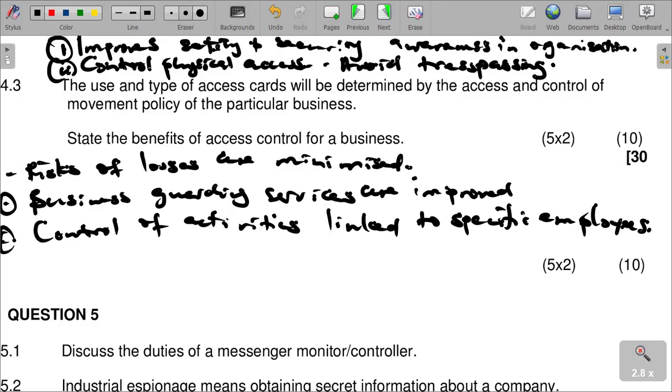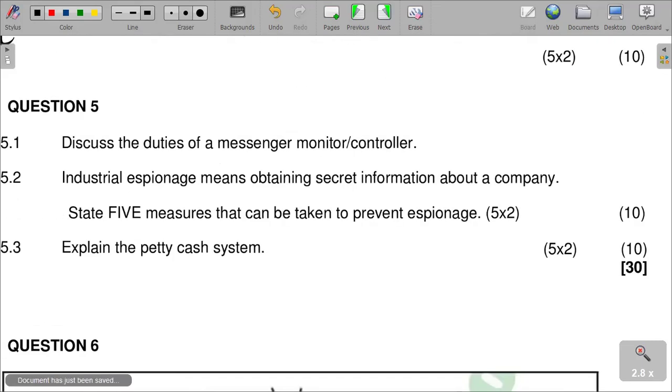Control of activities linked to specific employees is quite easier because of access control within a business. So we are saying the business is not a free range. Certain places are avoided, so people are not going to go everywhere, and in that regard it helps to secure the place.